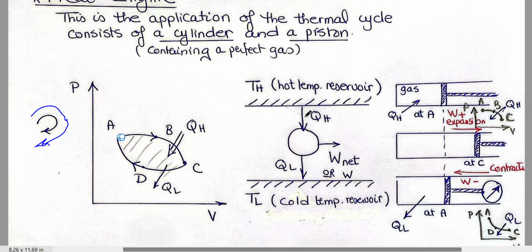It is absorbing QH from the hot reservoir and rejecting QL to the cold reservoir and giving us the net work, or the work of the cycle. This is a simplified diagram for the heat engine, representing how it is absorbing QH from the hot reservoir and rejecting QL to the cold reservoir, giving me my required mechanical work.